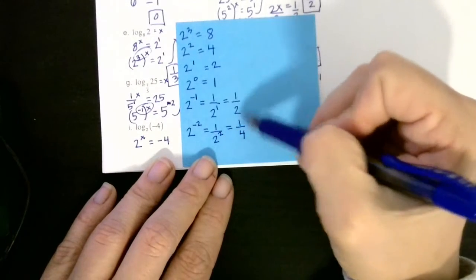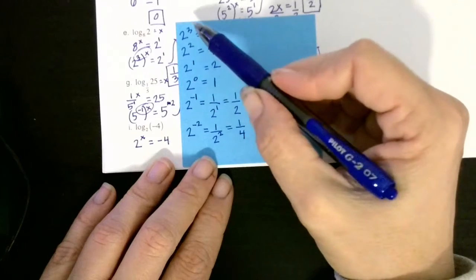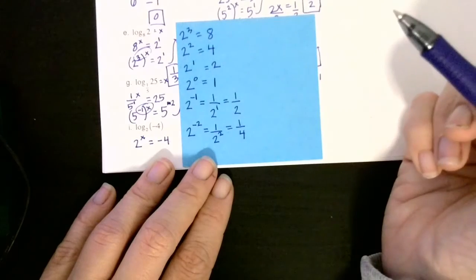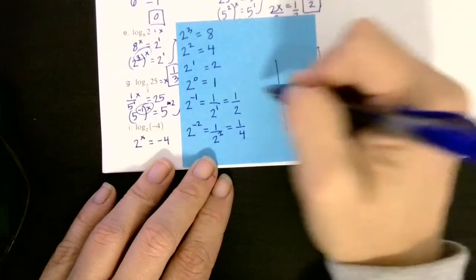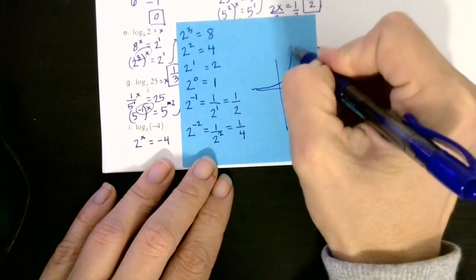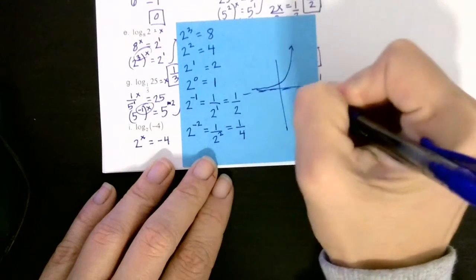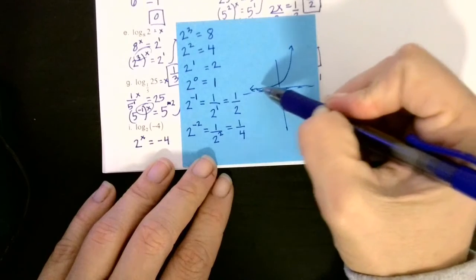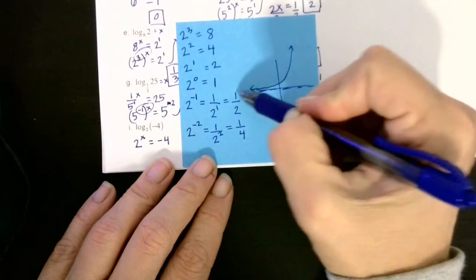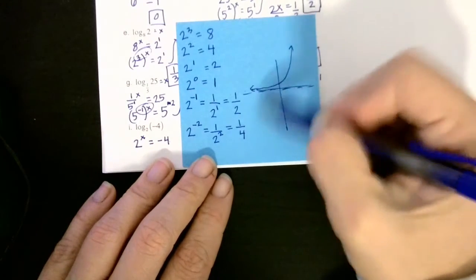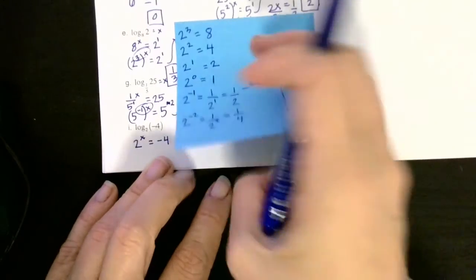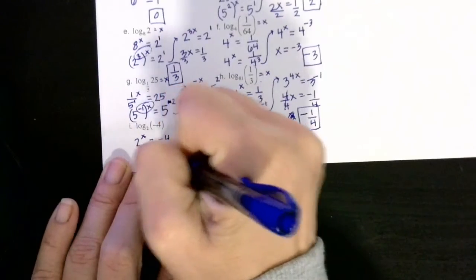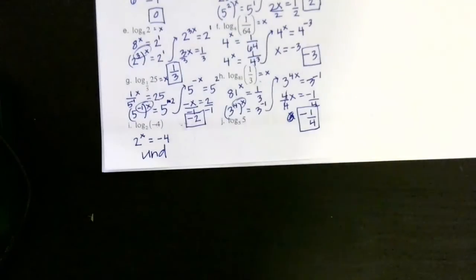So do you think that no matter what exponent we put here, we are ever getting a negative number? And just to remind you, this is an exponential growth graph, and there was this asymptote. So no matter how negative we go in the x direction, we're never getting negative y values, and that's what that is saying right there. So this is actually undefined. You cannot make that work ever.